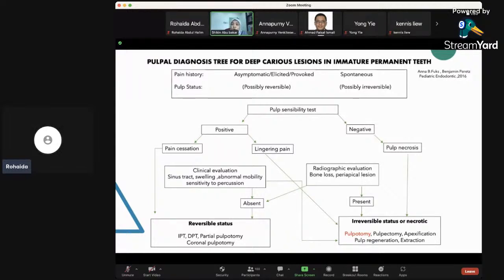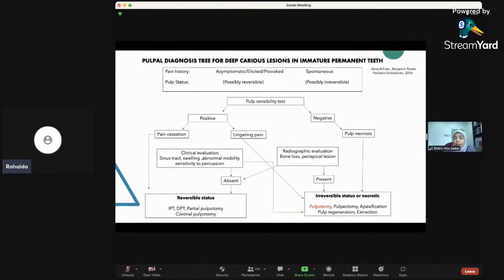So from the pain history, okay, if the tooth is asymptomatic, elicited or only have a provoked pain, then it gives you an idea it could be reversible pulpitis.